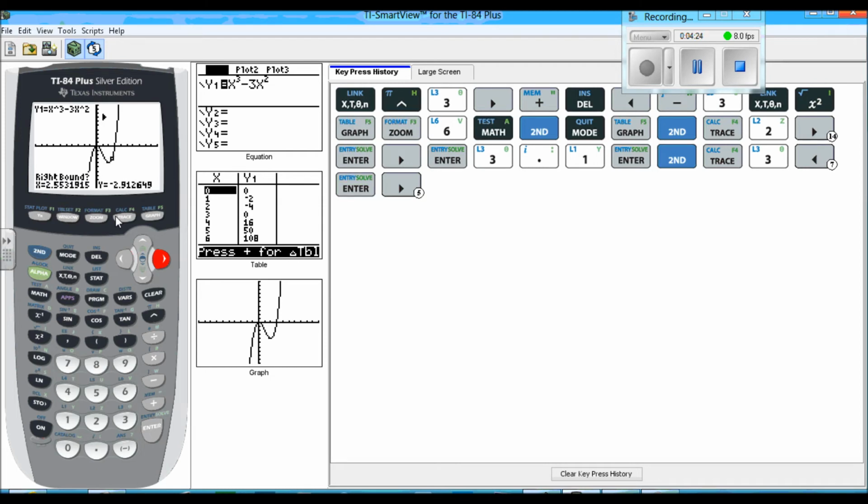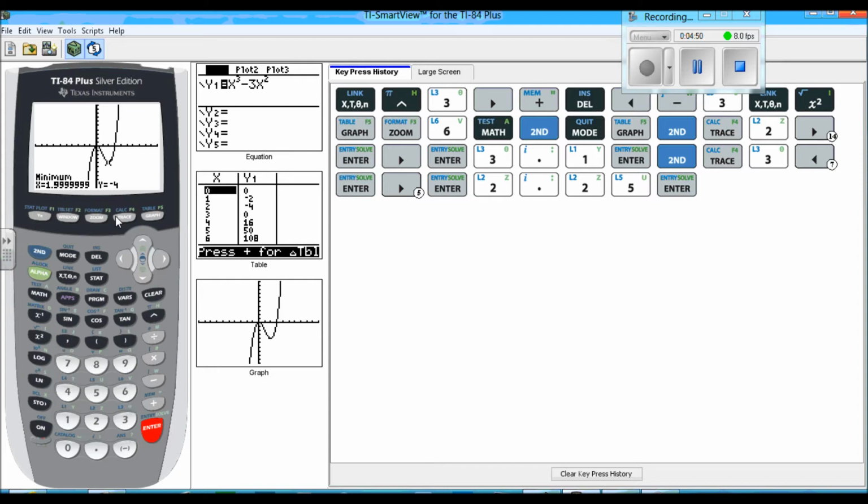Enter, and then it asks me for a guess. I'll guess 2.25. Enter, and it'll quickly tell me the minimum is 1.9999 and negative 4.